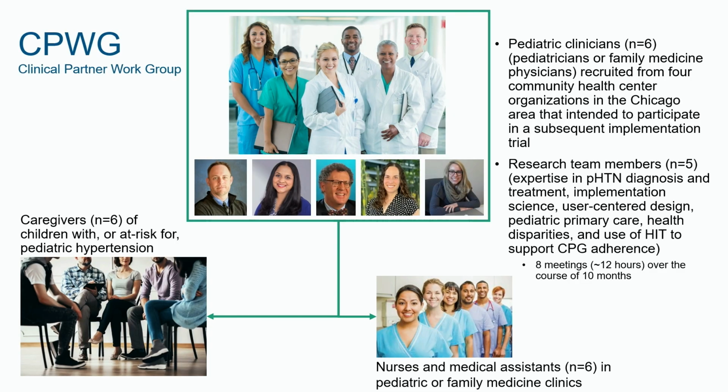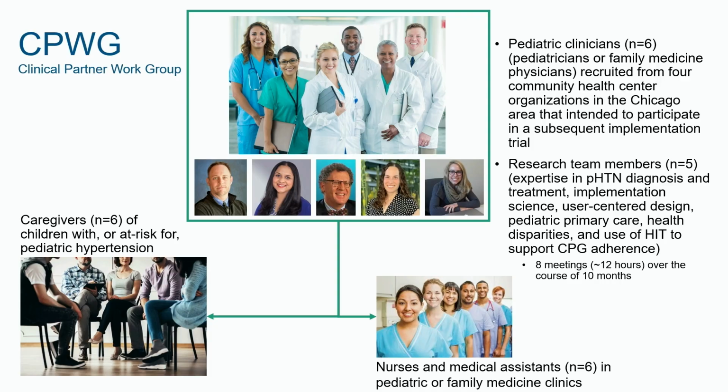So in this particular paper, we called this our clinical partner work group. It actually started with physicians, pediatricians. We had 6 that were recruited from 4 community health center organizations in the Chicago area. And all of their organizations had intended to participate in the subsequent implementation trial.